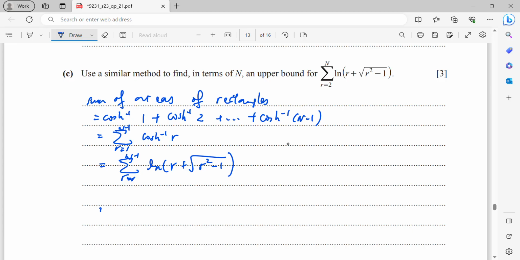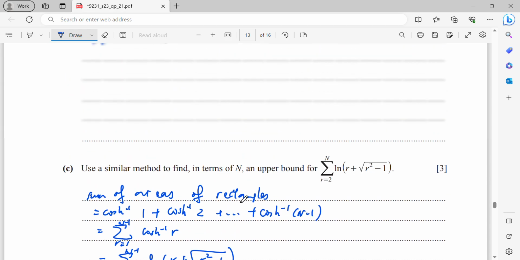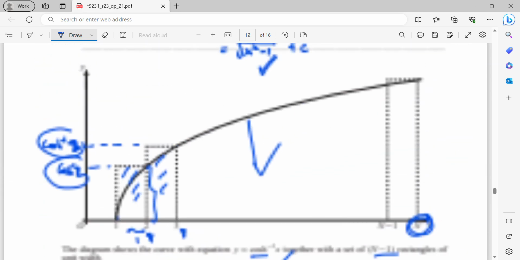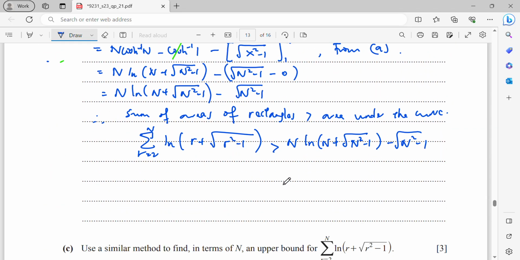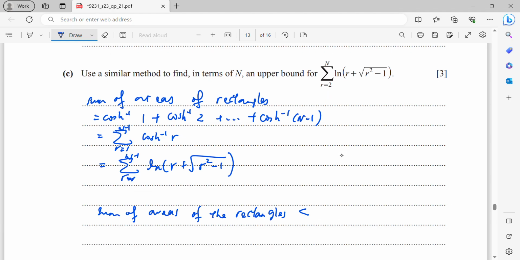Okay, so now from here I will write the sum of areas of the rectangles will be less than, right? Because now in your diagram, when you look at here, this will be the sum. So obviously the total of the areas will be less than the area of the graph. The area of the graph is already found, which is this. Rectangles less than area under the curve.